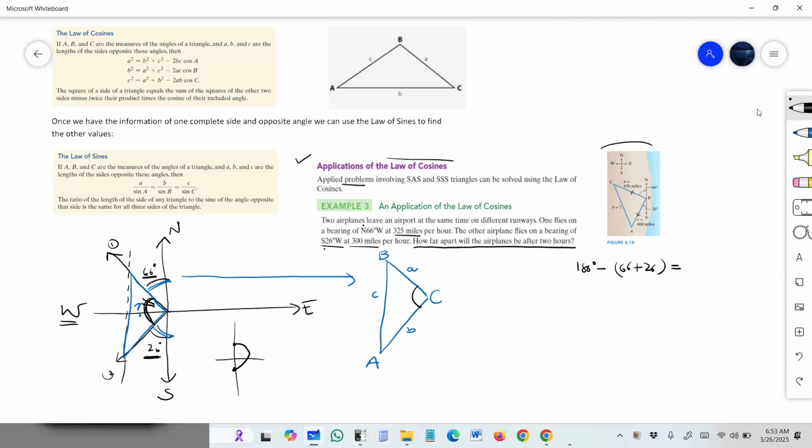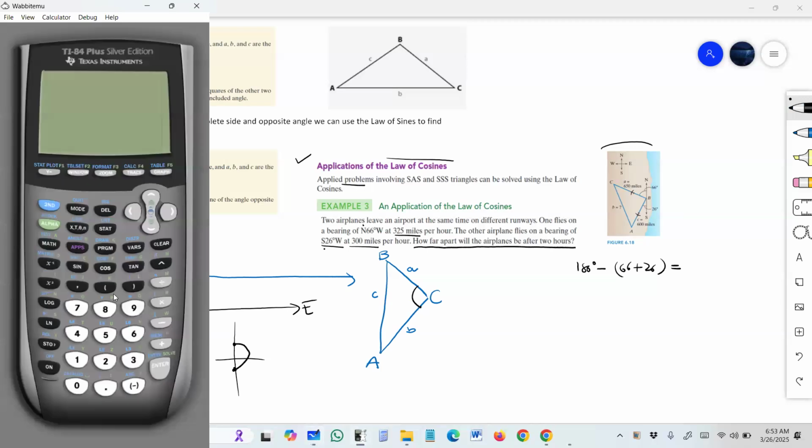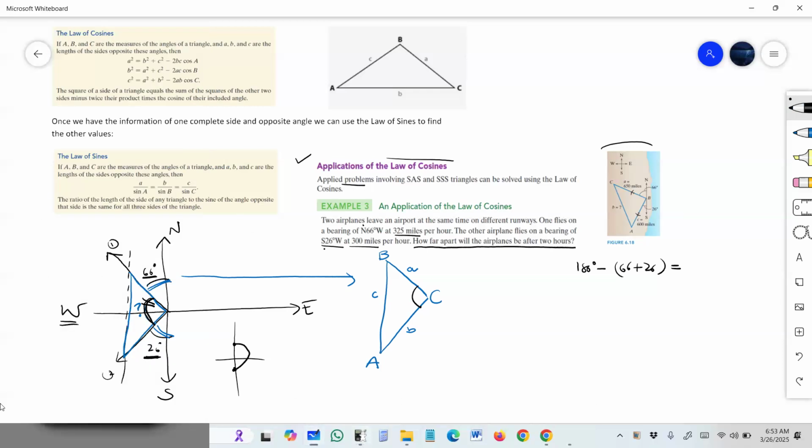Now let's see what that is equal to. You can do it in your head or on the calculator. I'm going to do it on the calculator. 180 minus 66 plus 26, which is 88. So this angle here is 88 degrees.